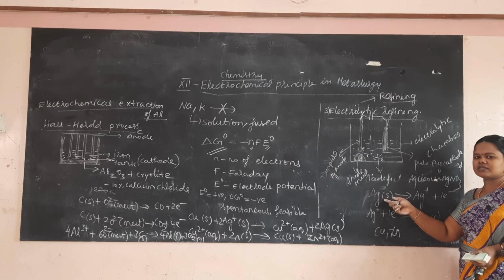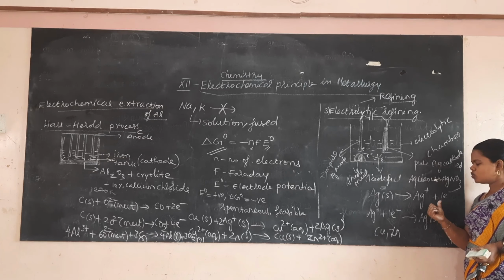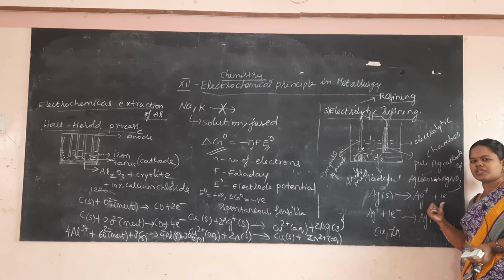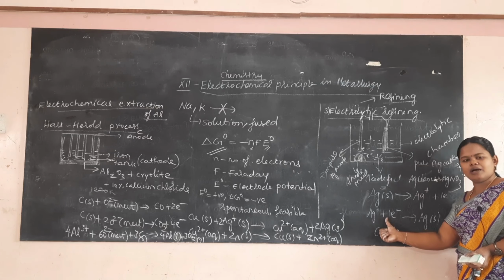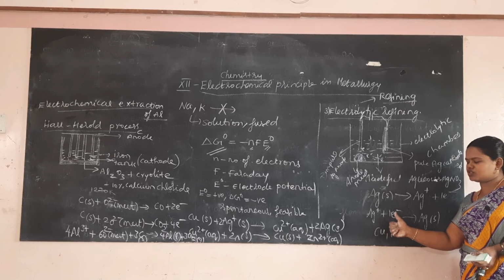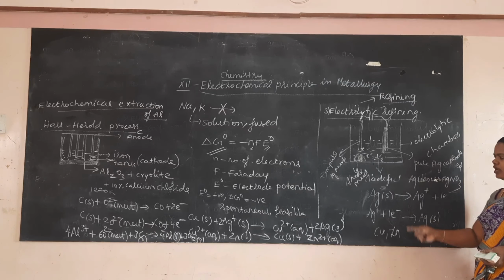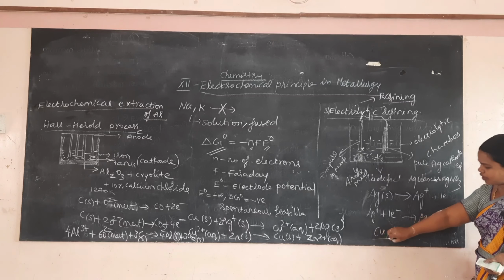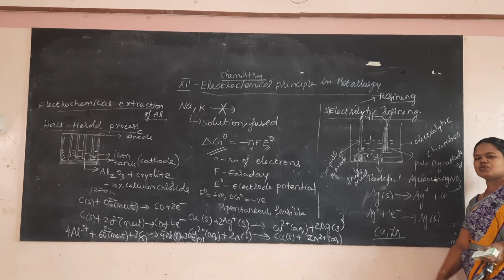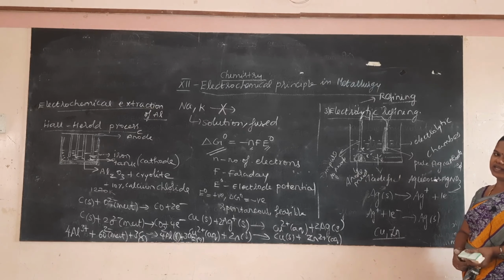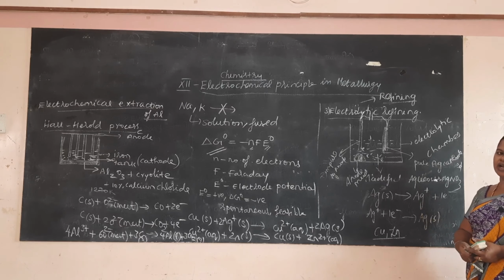Anodic oxidation involves loss of electron, so on the product side you show the electron. The cathode involves reduction, so on the reactant side you add 1 electron. This method is applicable also for copper and zinc. So I hope you understood electrolytic refining.